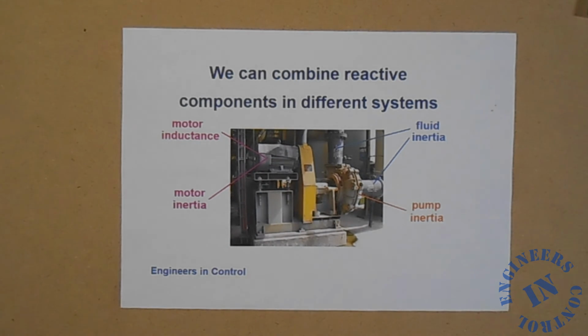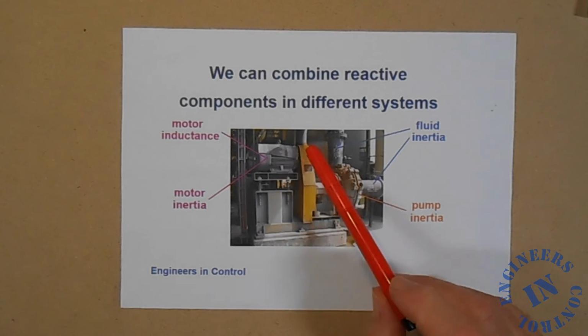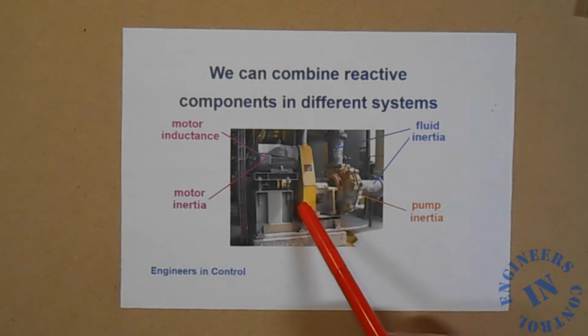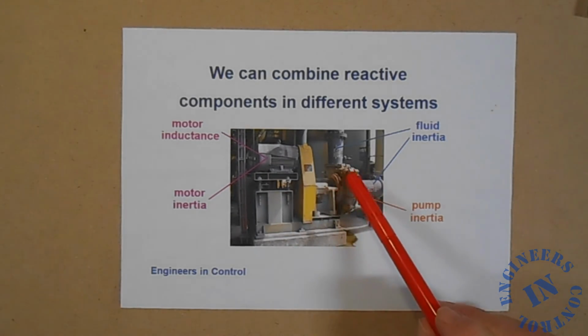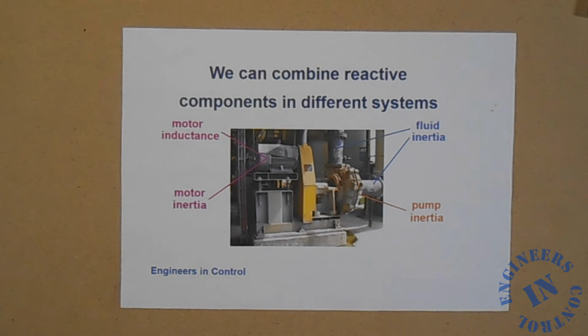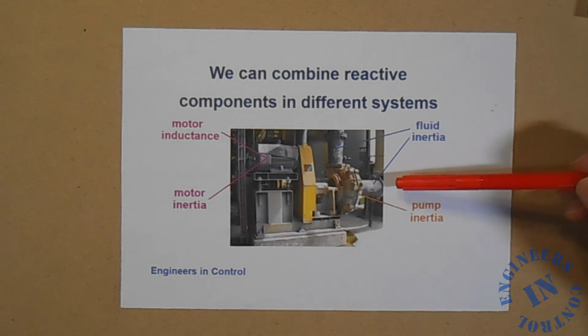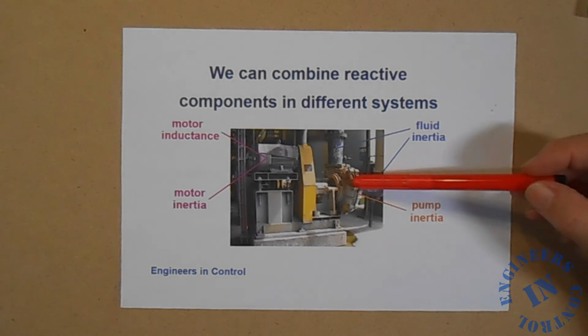We also have a motor pump set, so we have in fact a chain drive on this driving the axle of the pump, and so we have inertia, and we also have friction in that process. And then we have fluid flow. Here's the inflow and the outflow pipe.